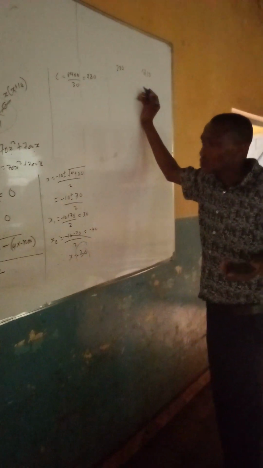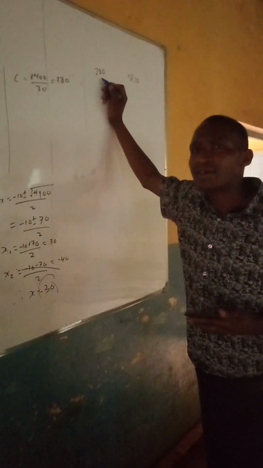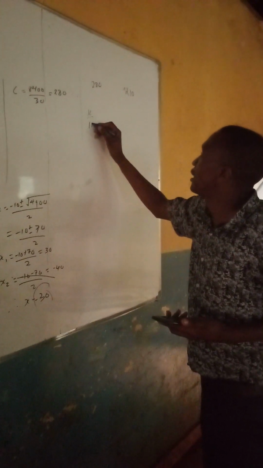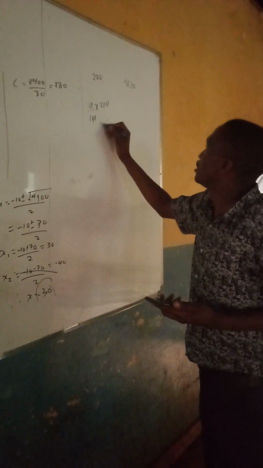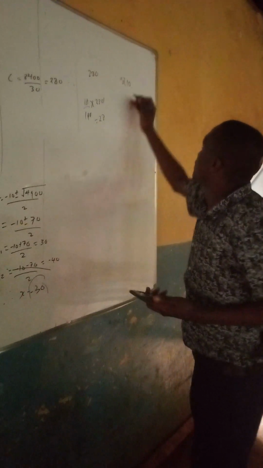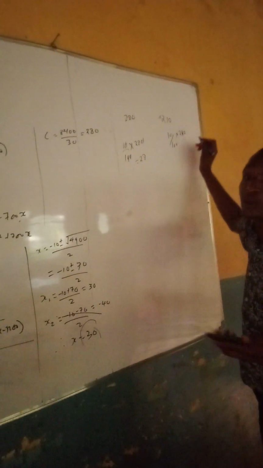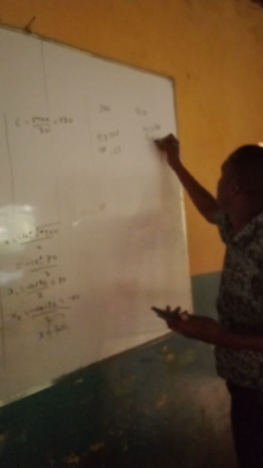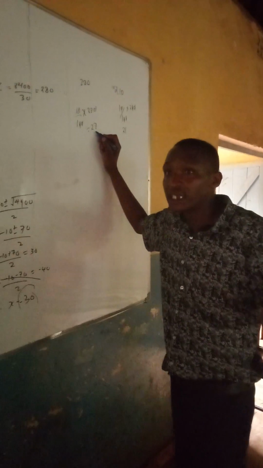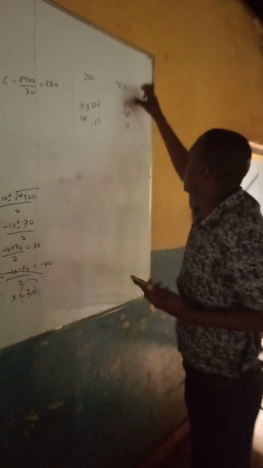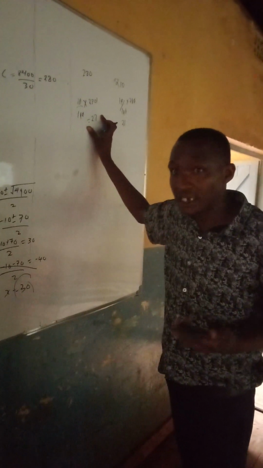So in these 280 chicks we have bought, 10% will survive. 10 over 100 times 280 is 28 chicks surviving. 10% of 210 is 21. Before, it will be 28.